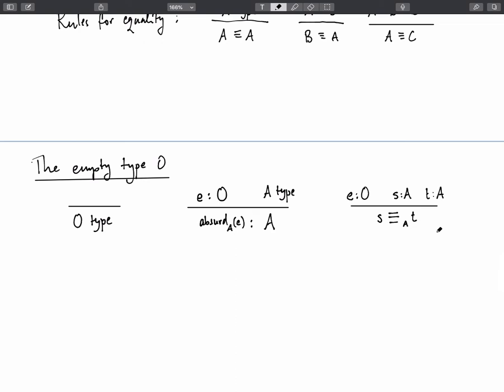The first two together give you a weak initial object, which means there's always going to be something going from 0 to A, but maybe it's not unique. But the third will force it to be unique, because if I plug in absurd for one of these and the other absurd for the other, they're equal.